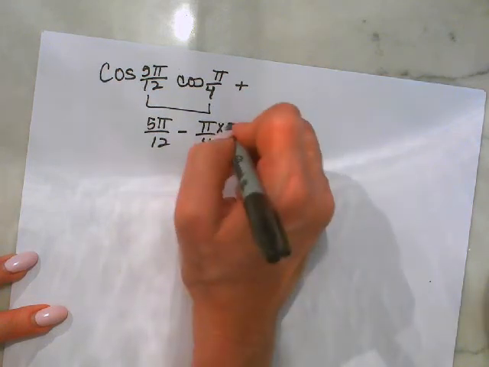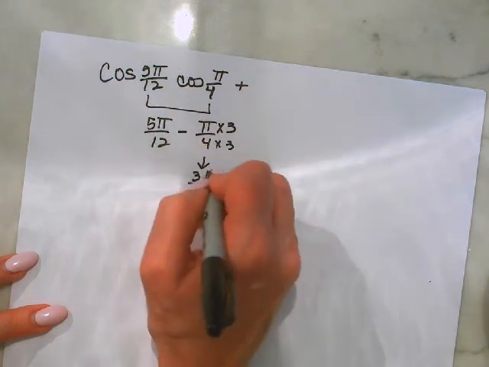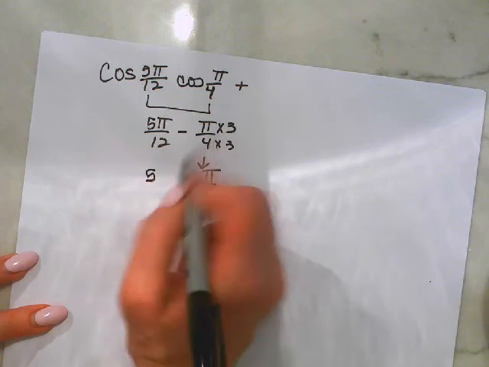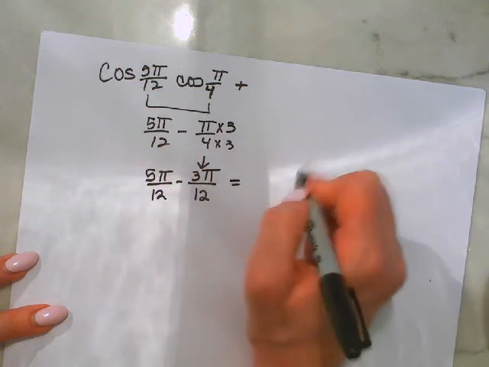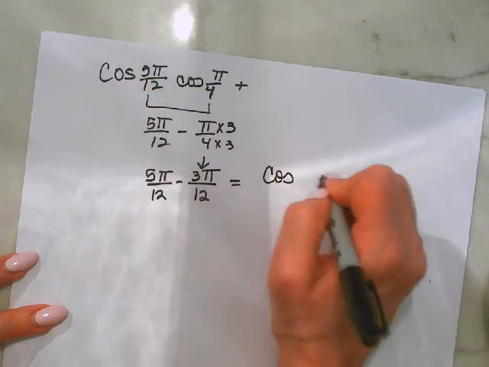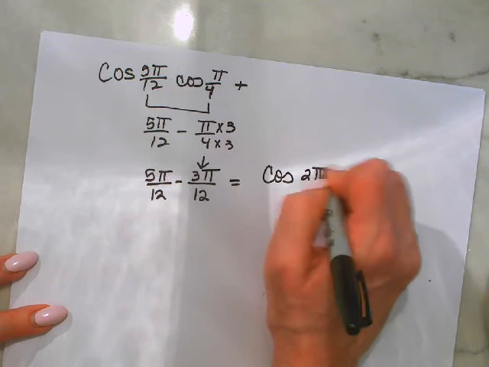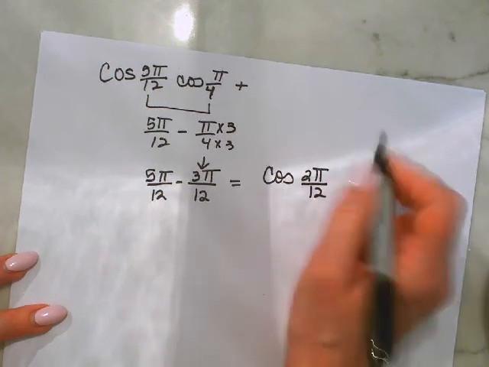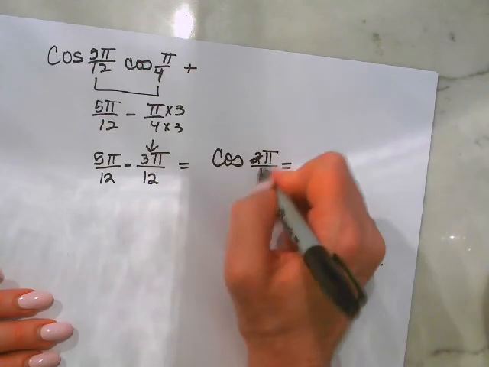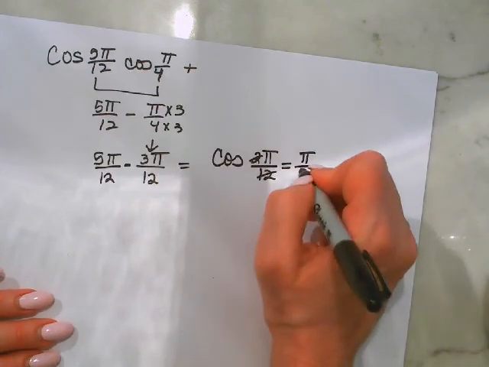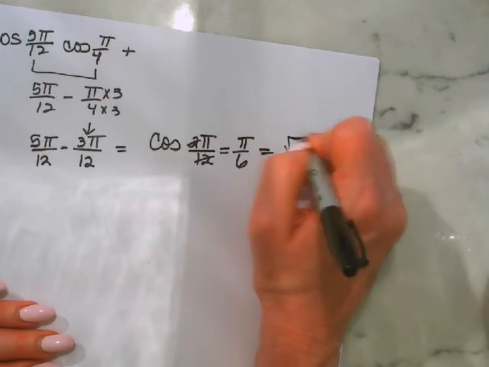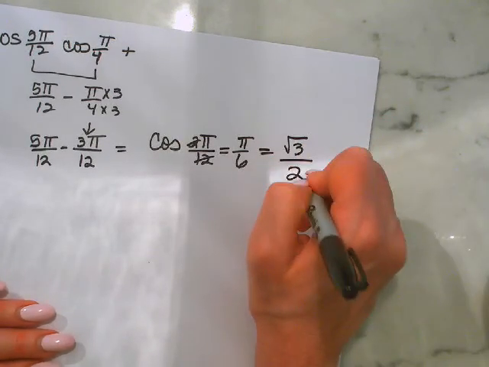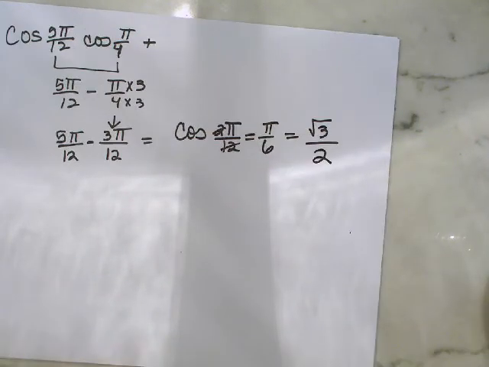I'm going to change this to a common denominator of 12 by multiplying it by 3. So it's just going to be now the cosine of 2 pi over 12. 2 pi over 12 reduces down to pi over 6, and the cosine of pi over 6 is radical 3 over 2.